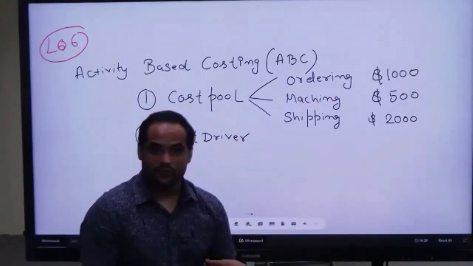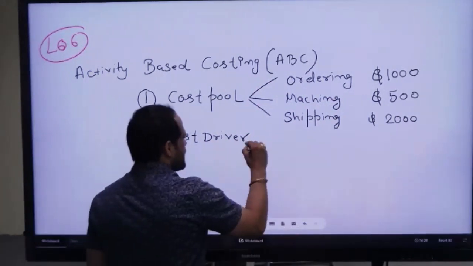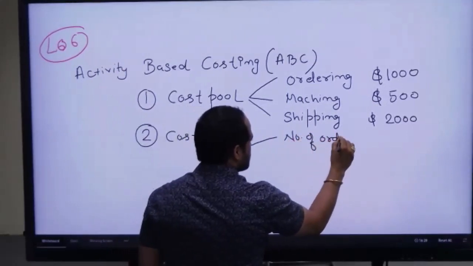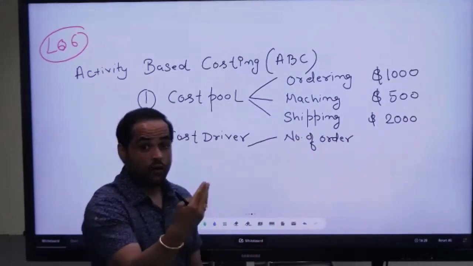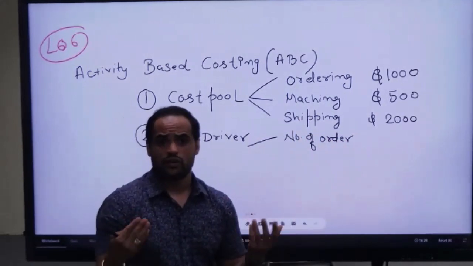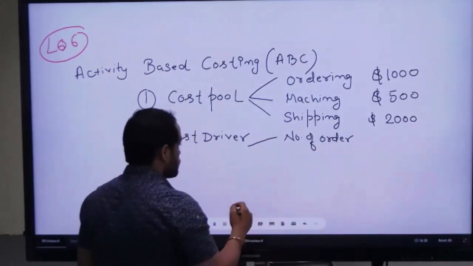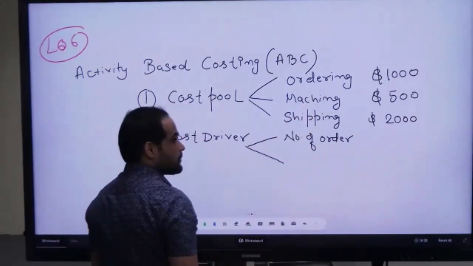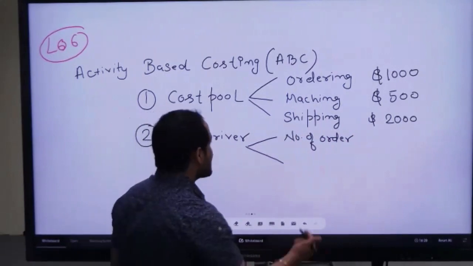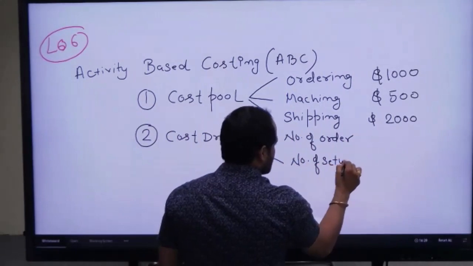The cost driver of this ordering cost pool is the number of orders. Because if the number of orders increases, ordering cost increases. That's the meaning of any kind of action or event which increases or decreases the cost. The second one is machining, machine setup, right? So the cost driver for machine setup is the number of setups.